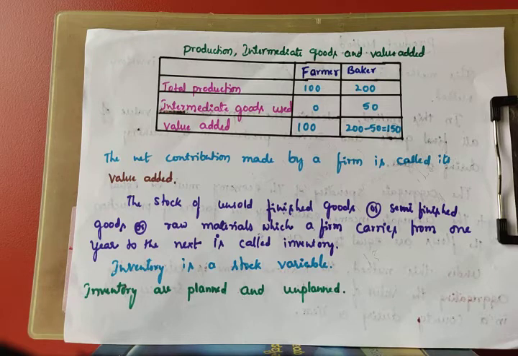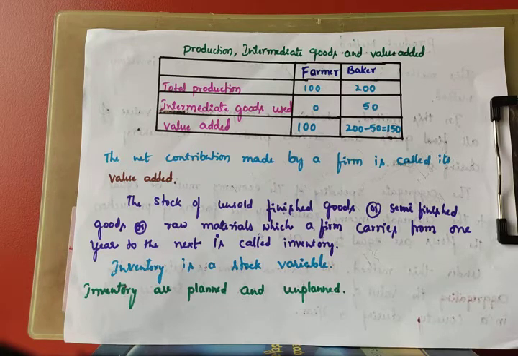That depends upon the demand and supply. So inventory is planned and unplanned. Sometimes we keep inventory with a plan, sometimes without planning we must keep goods and services as inventory.